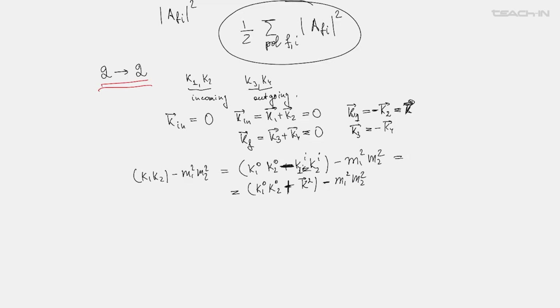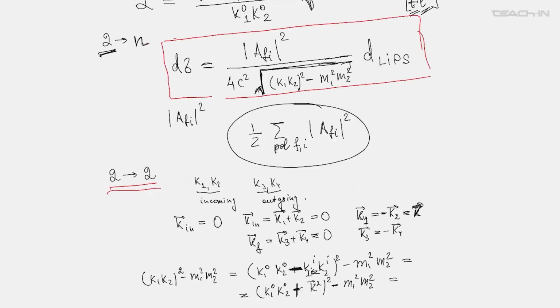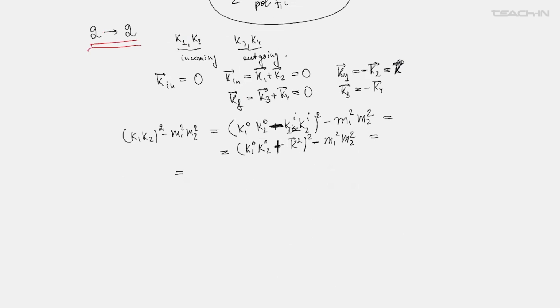Now we can open this square and get the following expression. So this is squared actually here. Open it up. What will we get? We get k01 squared, k02 squared, plus 2k squared k10 k20, plus k squared squared, minus m1 squared, m2 squared.